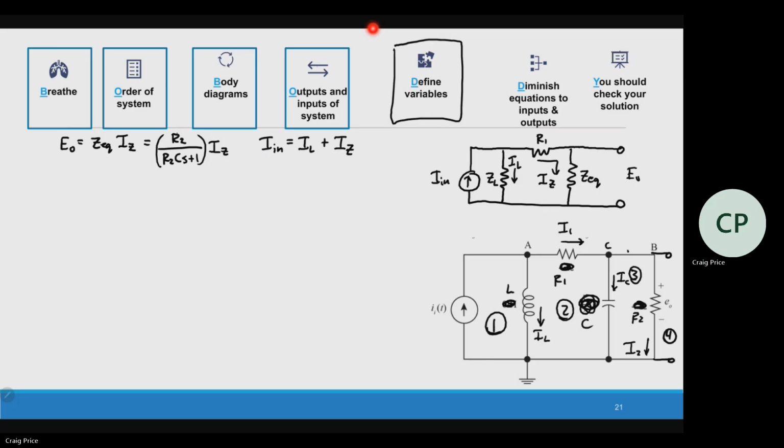So I'm close. Now what I can do is substitute IZ in here. So E out is equal to R2 over R2 CS plus 1 multiplied by IN minus IL.